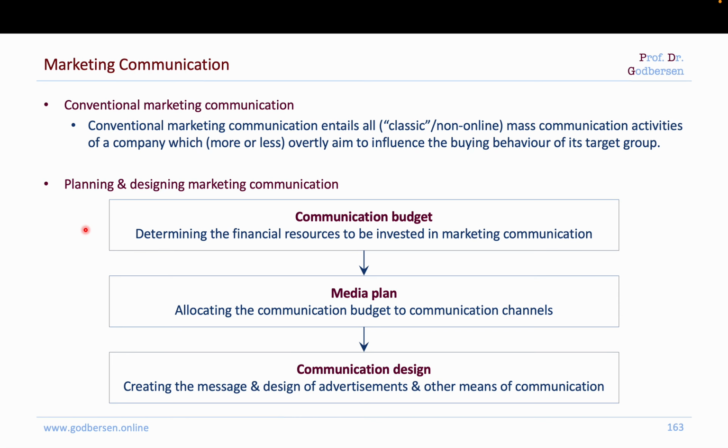Firstly, you need to determine your communication budget. So how much money are we investing into our marketing communication? Then you have to come up with a media plan. Through which channels are we going? Are we going through the telly, radio, outdoor, whatever channel you have there? In other words, you need to allocate your communication budget to your communication channels.